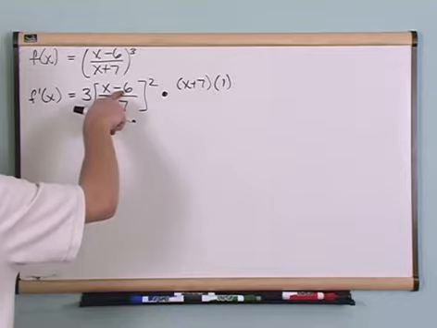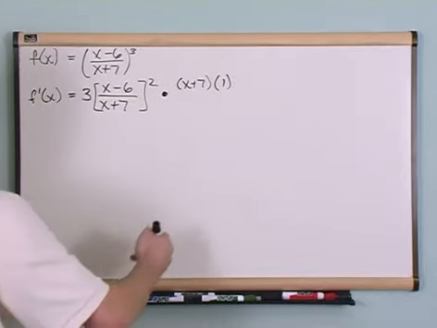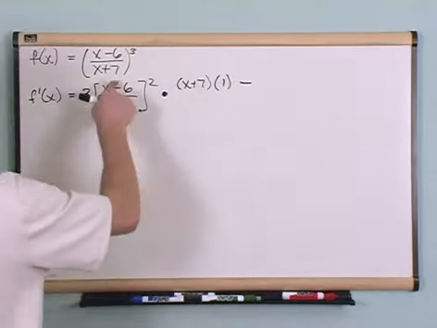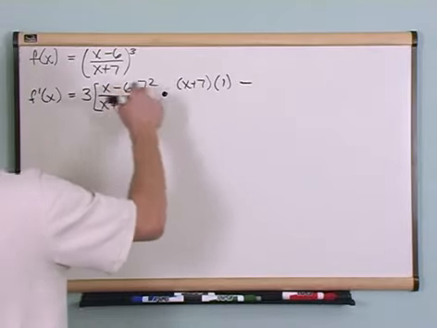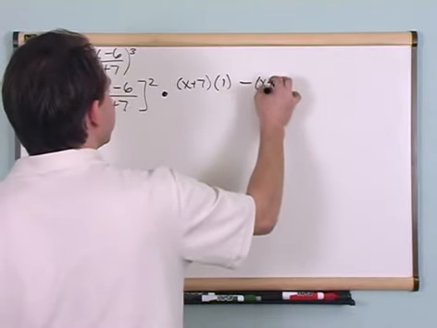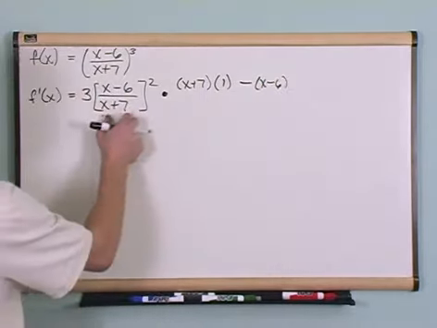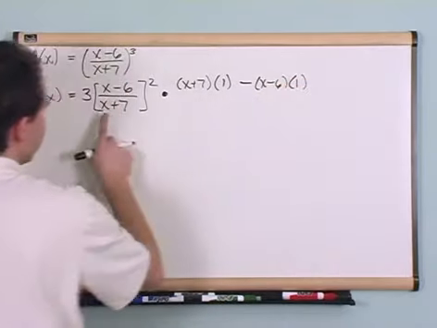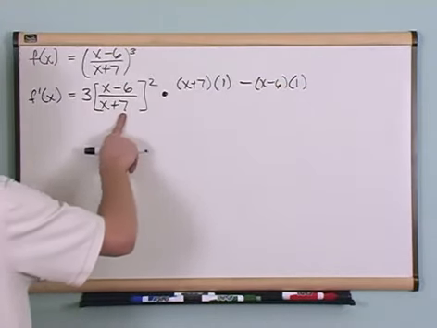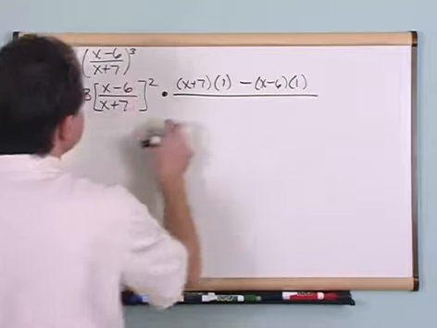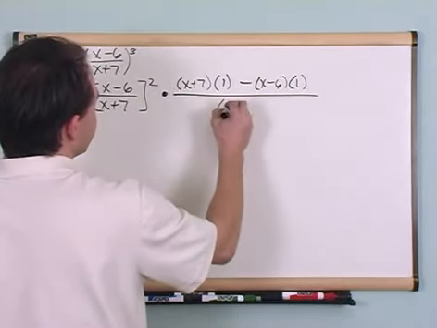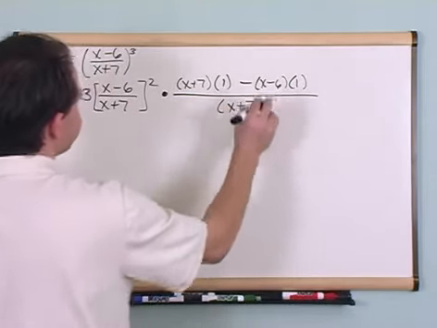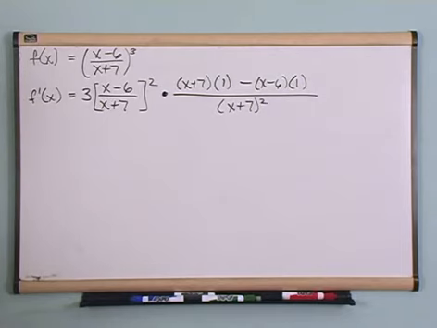The derivative of minus 6 is just 0, because that's a constant. So bottom times the derivative of the top minus the top, which is x minus 6, times the derivative of the bottom. Again, that's just 1. Derivative of x is 1. Derivative of 7 is 0. All over bottom squared, (x plus 7) squared.